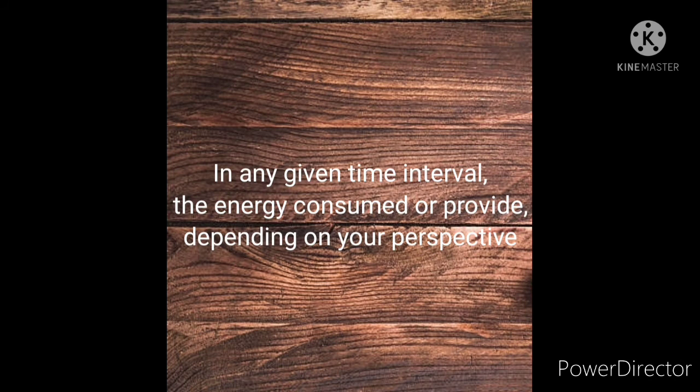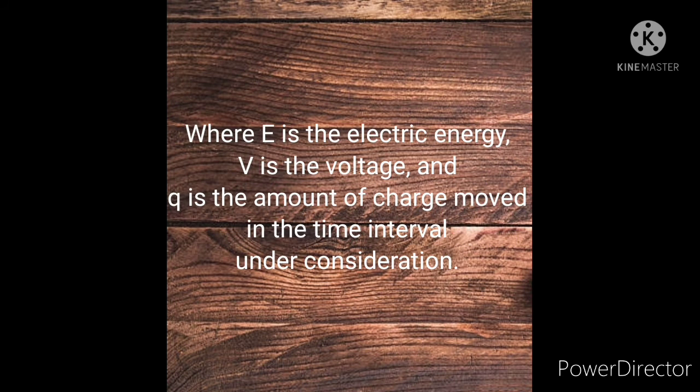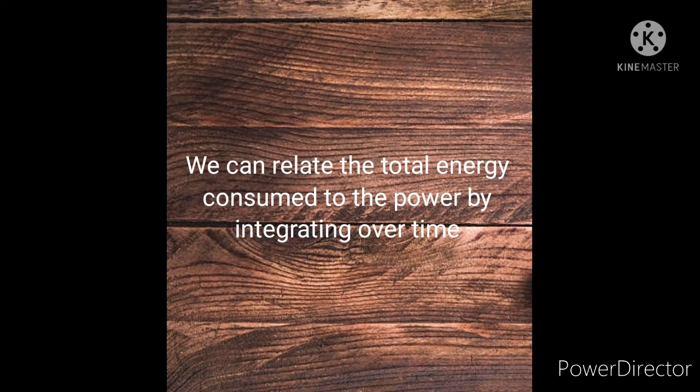And now, let us discuss energy. At any given time interval, the energy consumed or provided, depending on your perspective, where E is the electric energy, V is the voltage, and Q is the amount of charge moved in the time interval under consideration. We can relate the total energy consumed to the power by integrating over time.